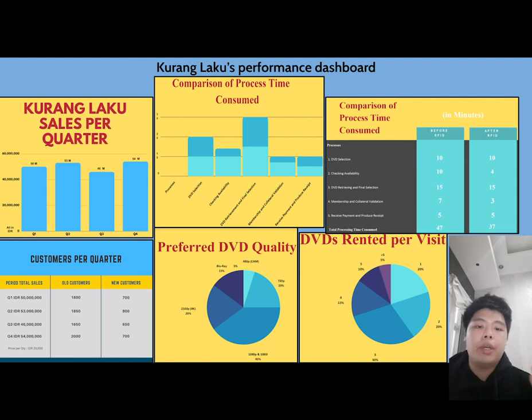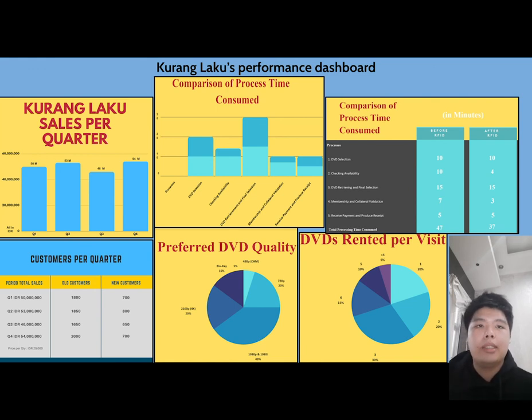And the last one we are going to discuss is the sales growth before and after RFID. The line graph we see on the screen right now has the y-axis stated in million rupiah, and the x-axis stated in quarters, or periods.